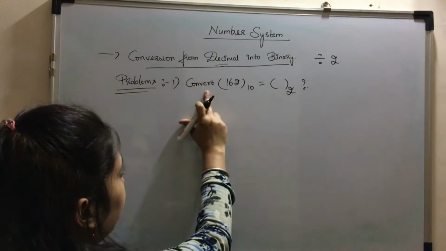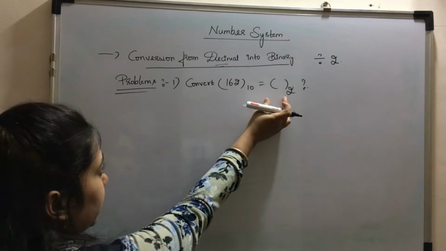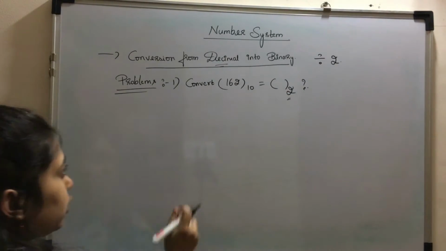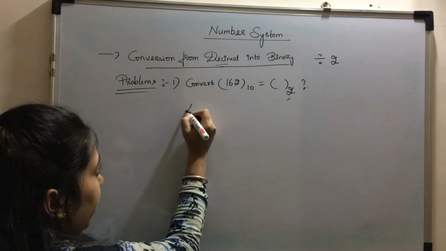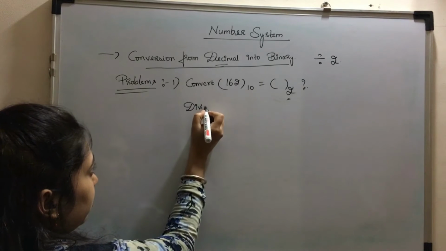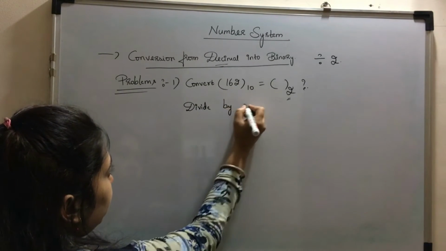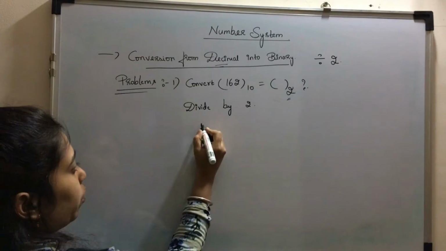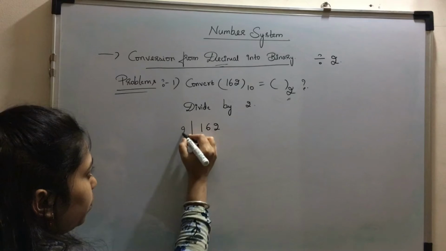So the first problem is convert 162 base 10 to binary. We have to find the equivalent binary number. This is an integer number, therefore we have to divide the given number by 2. Now let us see how to divide 162 by 2.